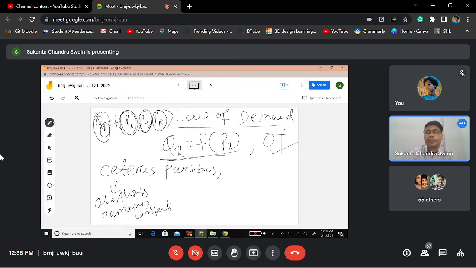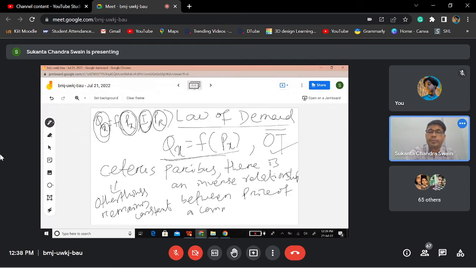Ceteris paribus, there is an inverse relationship between price of a commodity and its quantity demanded.